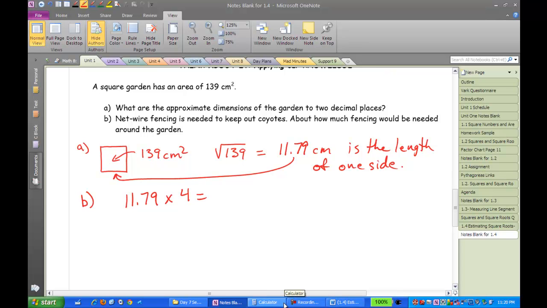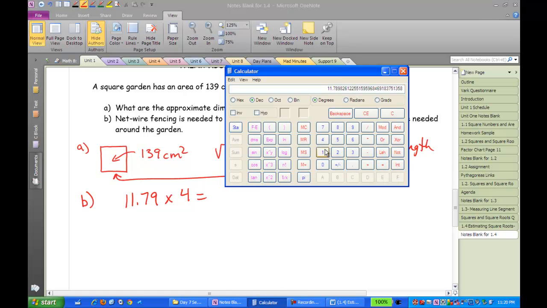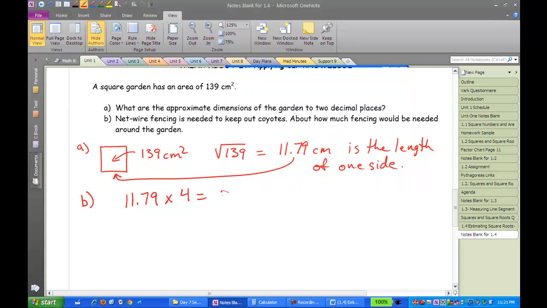So that's going to equal 47.16 centimeters of fencing.